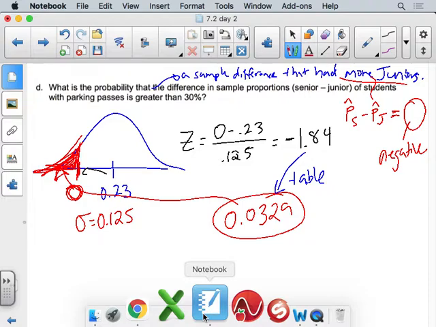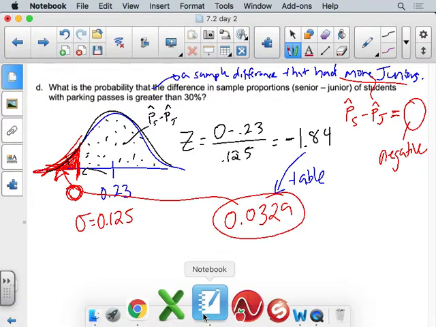Because relating it back to everything, this is just like a simulation of an infinite amount of these different samples. Every single one of these dots under this curve represents one sample of the proportion of seniors minus the proportion of juniors. Here's another proportion of seniors minus proportion of juniors.